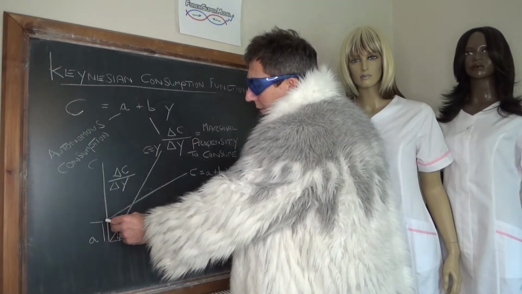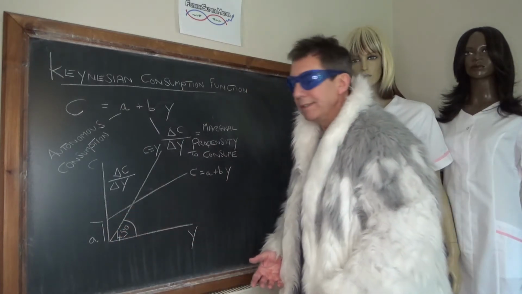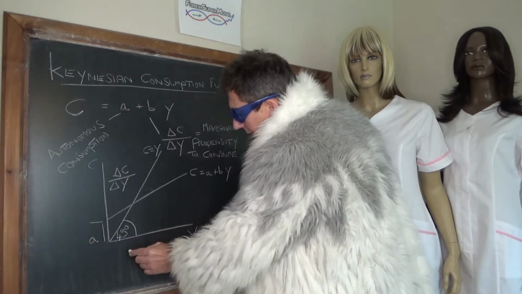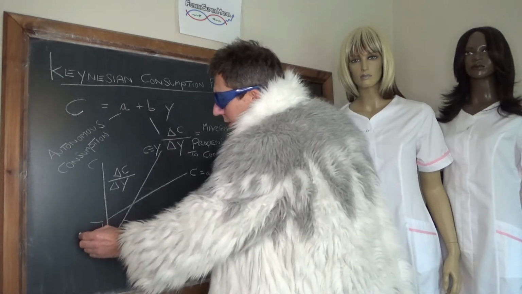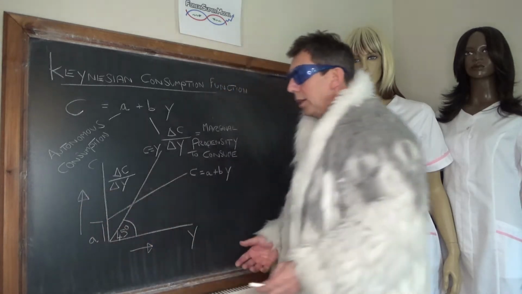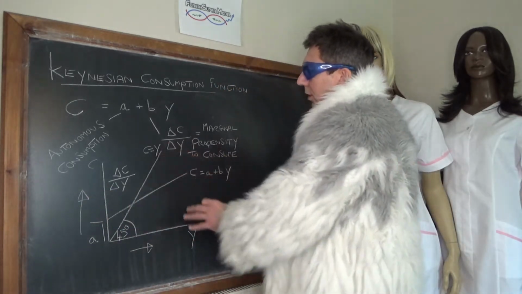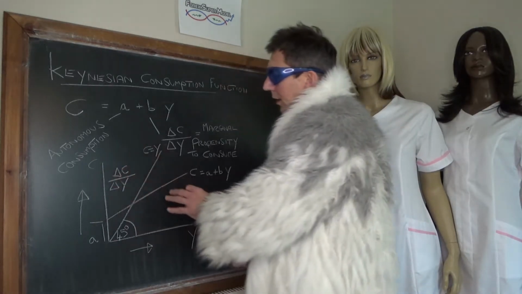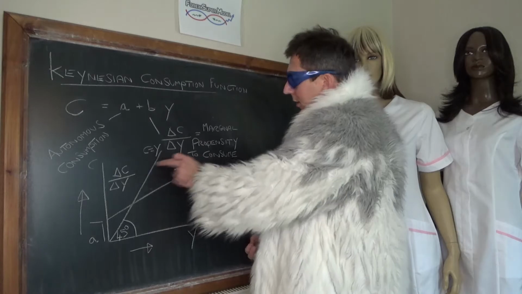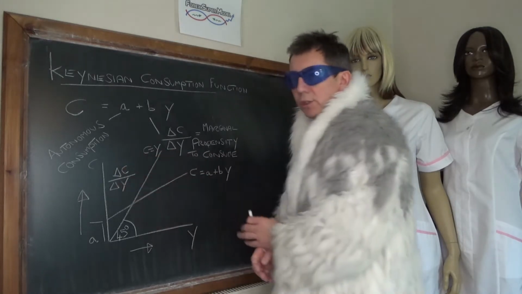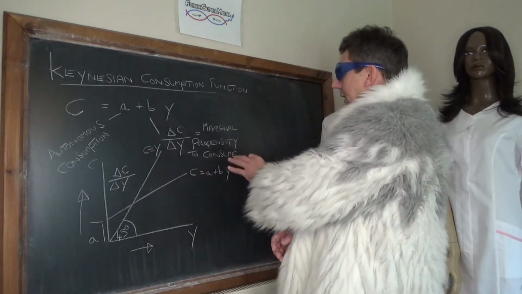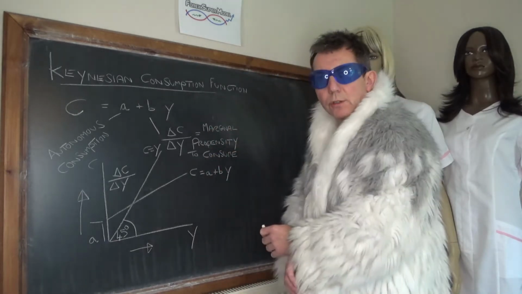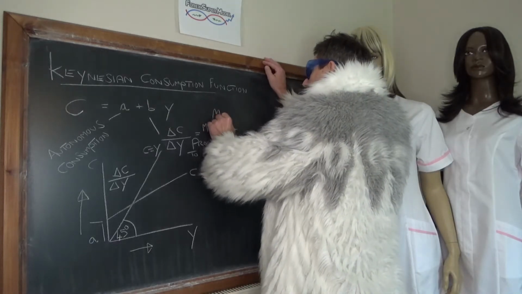It starts from whatever our autonomous level of consumption might be, and then as income increases going this way, our consumption increases. And it increases as a proportion of income, and this proportion can be measured by what's known as the change in consumption over the change in income, which basically is what's known in the trade or economics as the marginal propensity to consume, MPC.